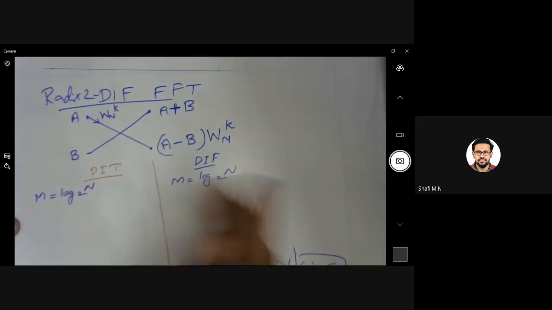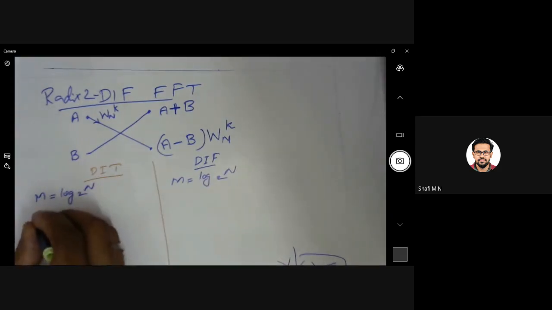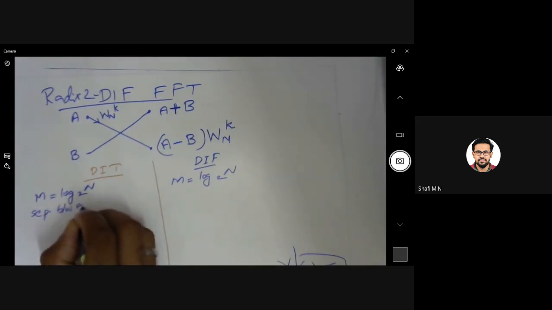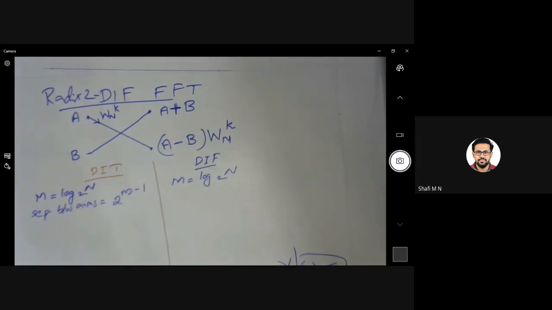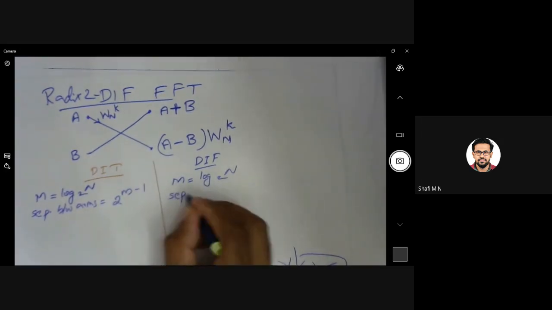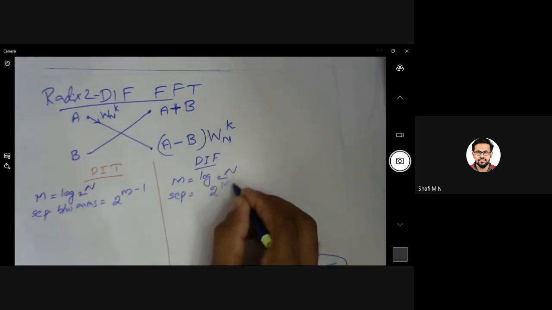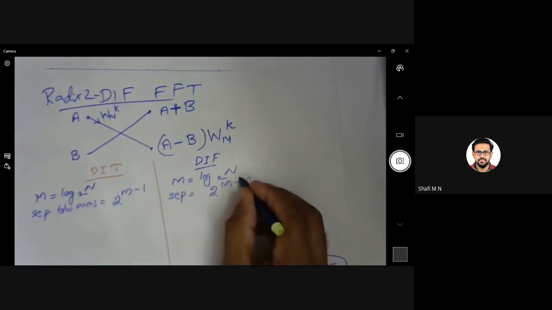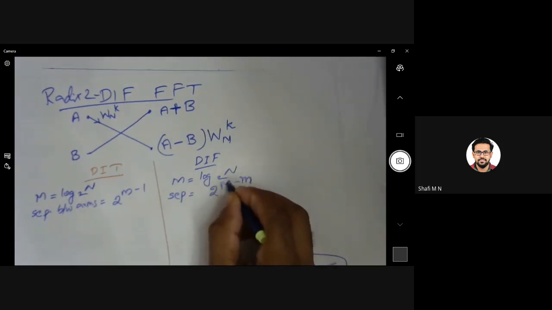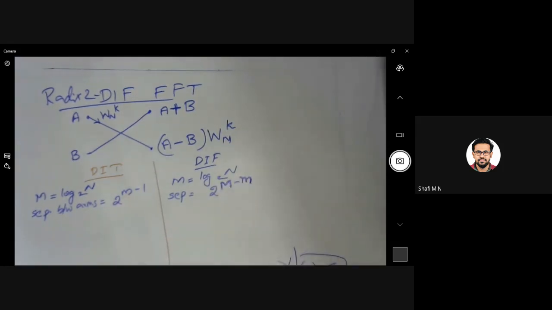The next thing was the separation between the arms. That was the important thing, right? Separation between arms: in DIT, what was that? 2 raised to m minus 1, where small m is the stage number. And here, the separation will be given by 2 raised to capital M minus small m. This is capital M and this is small m.